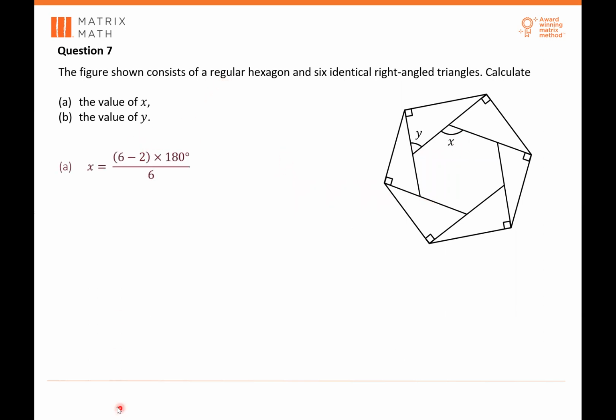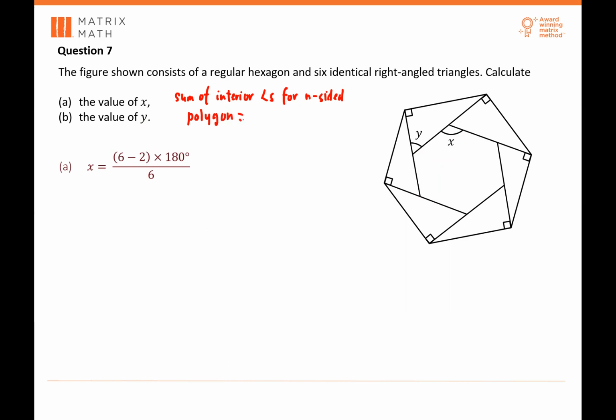Okay, so if you recall the formula to find the sum of interior angles for an n-sided polygon. Okay, n-sided means that the polygon has n sides.